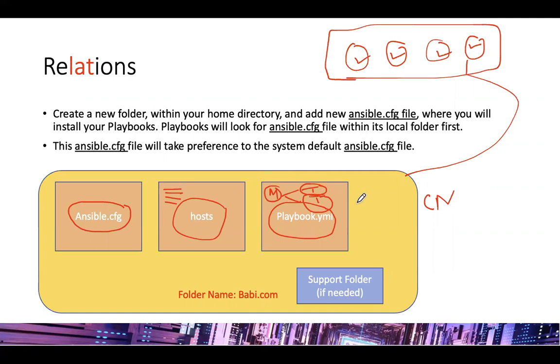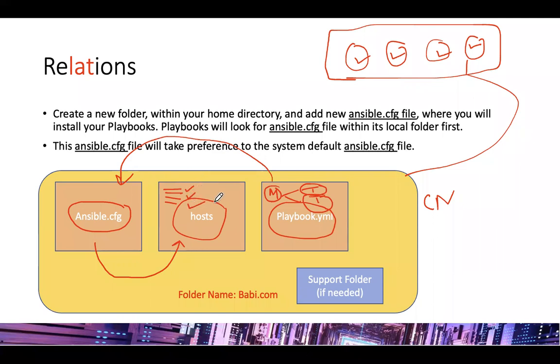So whenever a user, an administrator, tries to run a playbook, it will contact the CFG file, the configuration file. And the configuration file will always point towards the host file. The host file identifies the end users or end servers.